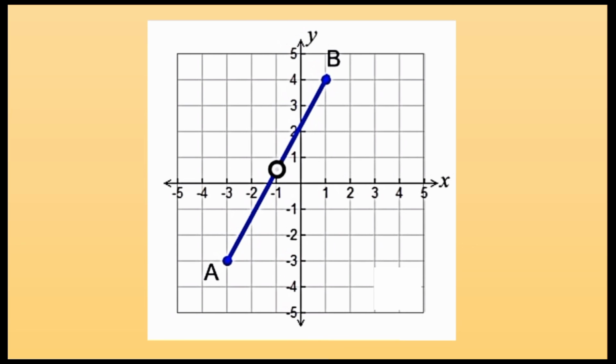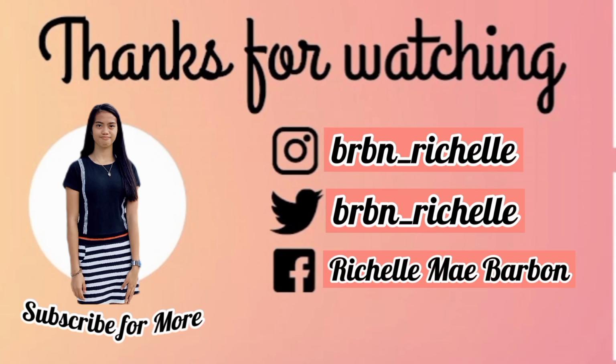This is the graph of the endpoints of the quantity of negative 3 and negative 3 and the quantity of 1 and 4. So the midpoint is the quantity of negative 1 and 1/2. So the midpoint is in the second quadrant, and the endpoints are in the first and third quadrant.